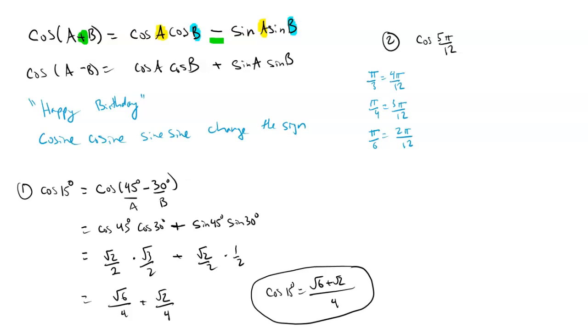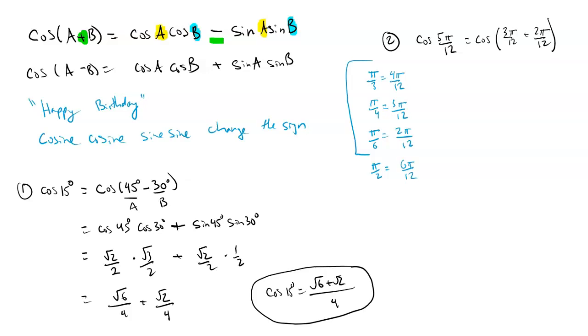The likelihood that you are going to use pi over 12 is slim, because if you think about how to get 5, I'd have to say 6 minus 1, and 1 pi over 12 is just not on the unit circle. So chances are you're probably going to use your 30, 60, or 45 degrees. So when I think of 5 pi over 12, the two numbers that pop in are 3 pi over 12 plus 2 pi over 12.